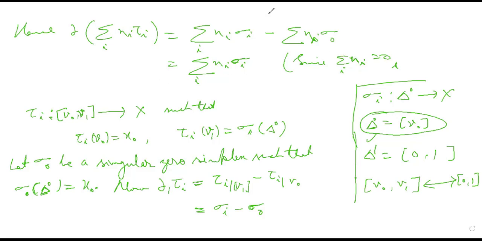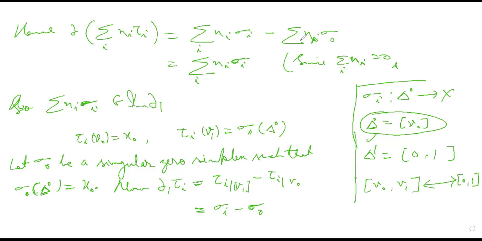So what we have is that this is an element of the kernel, and it is the boundary of something. Hence this summation n I sigma I belongs to the image of boundary 1.